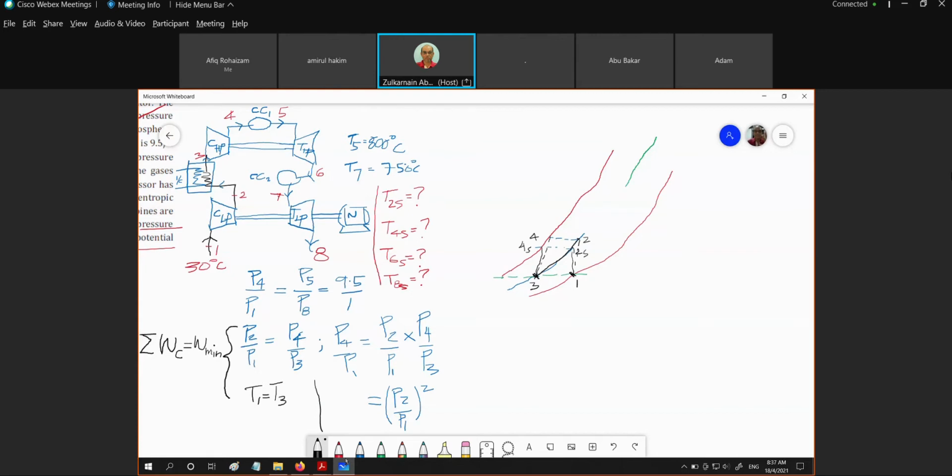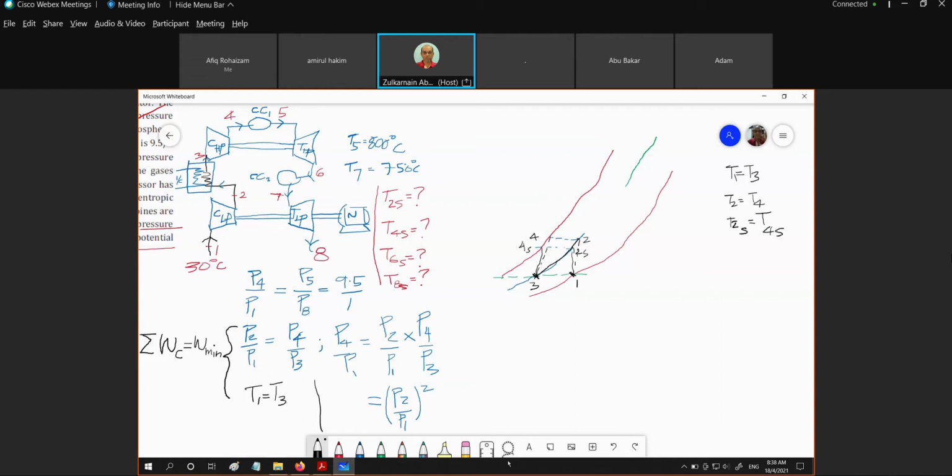Okay? Remember, from here, we are having T1 equal to T3. We are having T2 equal to T4. And T4S equal to T2S.